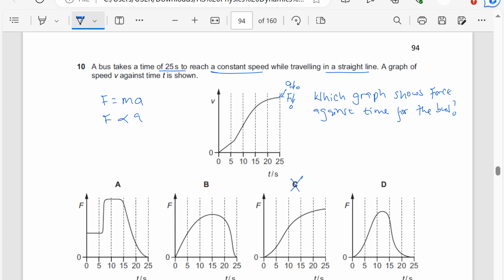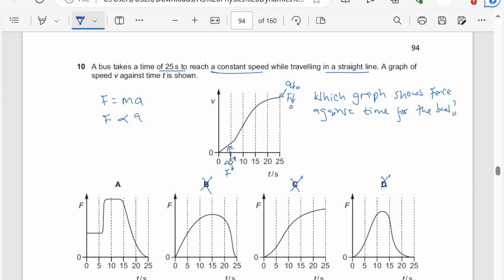Here we have a straight line, which means the acceleration is constant, so F should also be constant. So we ignore B because B is not showing constant force. We also ignore D because between t equals 0 to around t equals 5 or just after 5, the force is not constant.